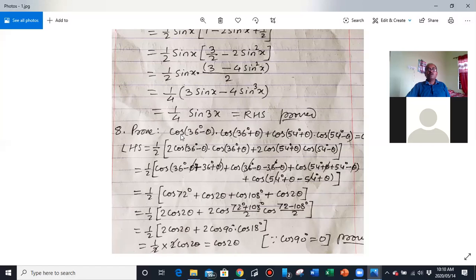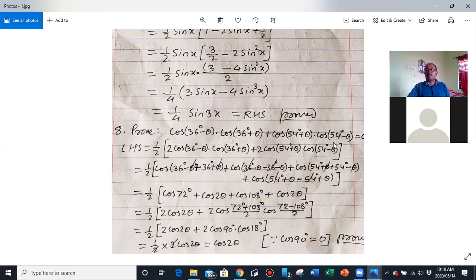So now see, this is a product of two trigonometric ratios plus another product of trigonometric ratios. So mind it, we have to convert product into sum or difference, whatever is possible. For that, we need 2 cos A cos B type.